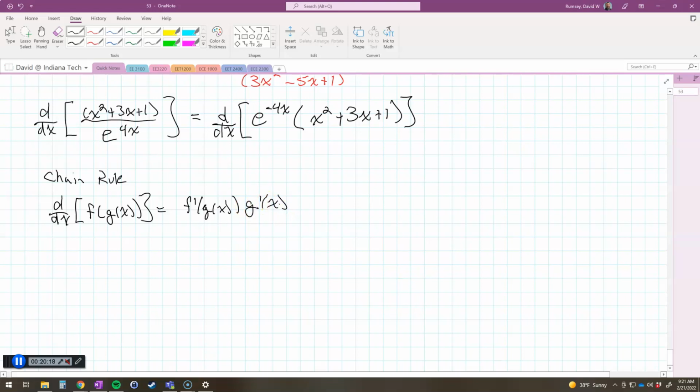That's the way it's set up, but I think just going through some examples makes it a little easier to understand. So let's just dive into some examples. I'm going to look at kind of a silly example here, but I think it shows the power of the chain rule.